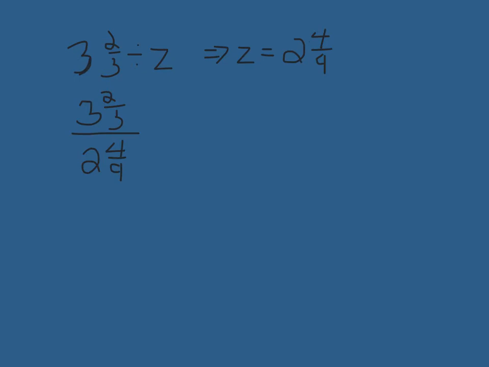So that's what that looks like. So I'm going to turn this into improper fractions. So I have 3 2/3 would equal 11/3, and then 2 4/9 would actually equal 22/9.